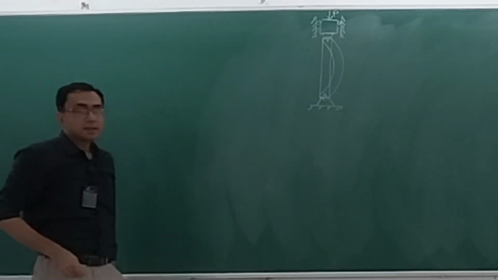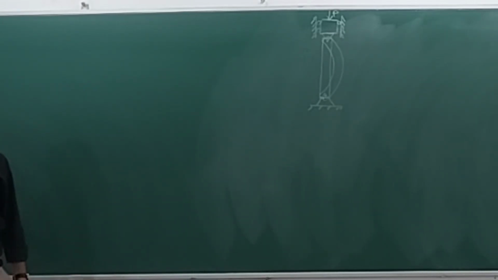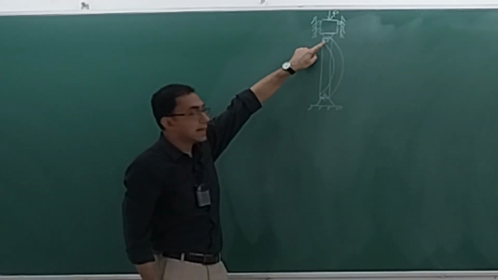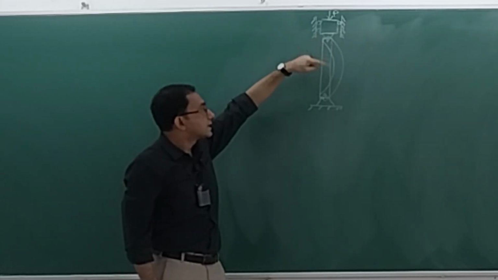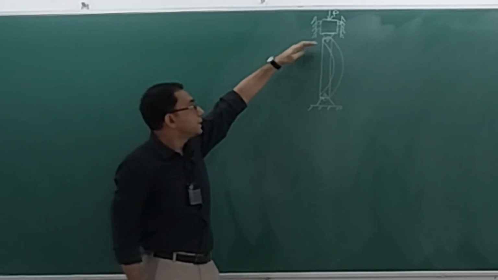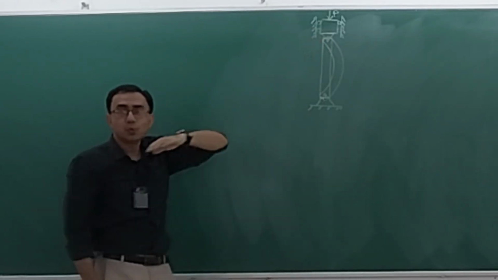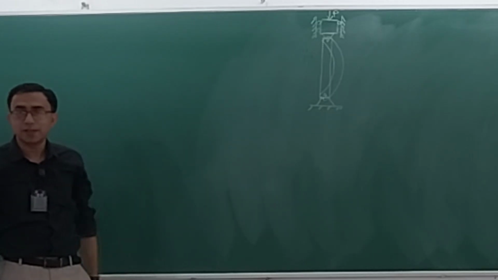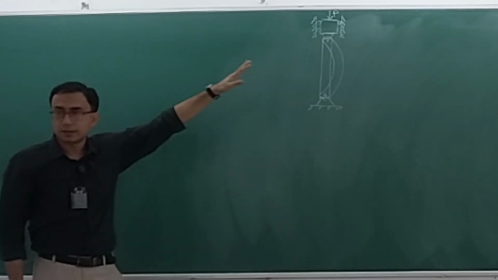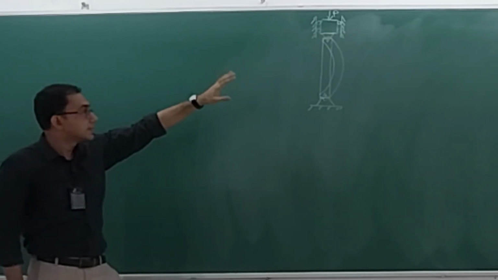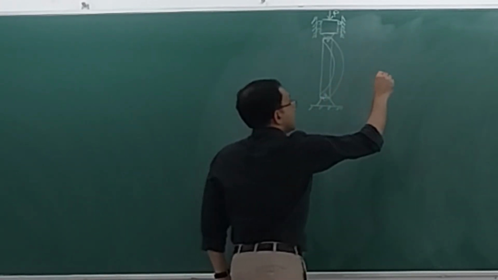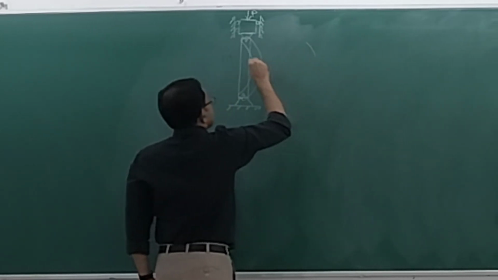Those of you who are very careful will immediately catch me that it cannot get hinged at this location, because when it gets curved, this distance is now less than this. So it should actually be a little bit below. If you want to make that adjustment in the drawing in your copy, please do that. I did not do it because unnecessarily it becomes very cluttered. But it will get pushed down a little bit. Now I will consider a cut here.